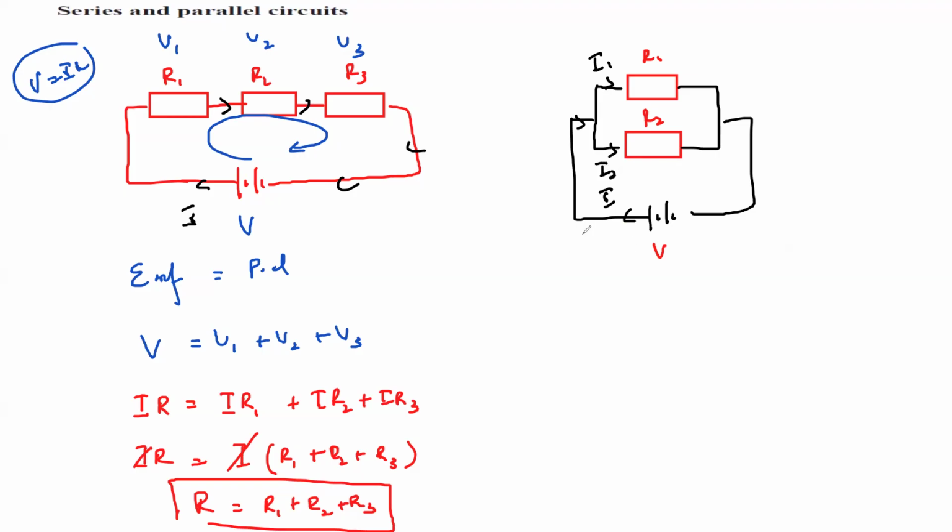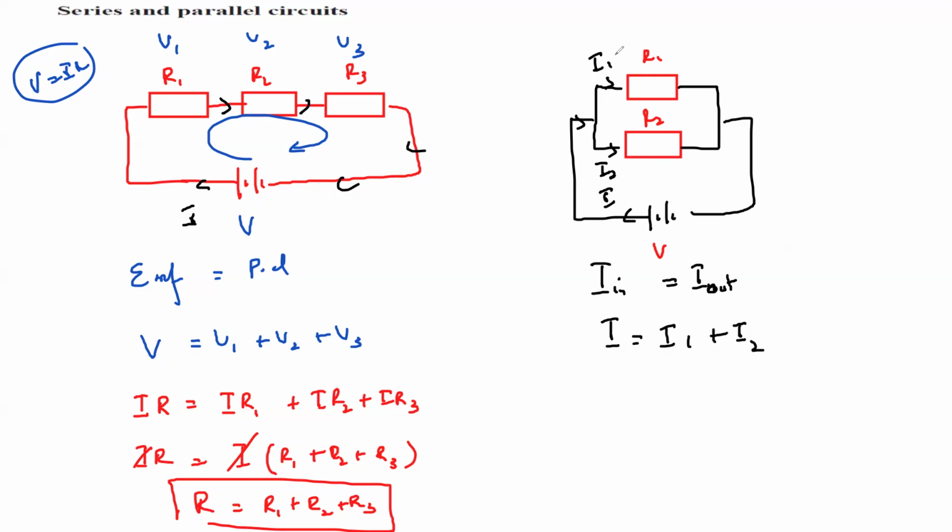Now we'll use Kirchhoff's first law. According to Kirchhoff's first law, the total current which enters at any node of a circuit will be the same as going out. So the current going in is I and the current going out is I1 and I2.